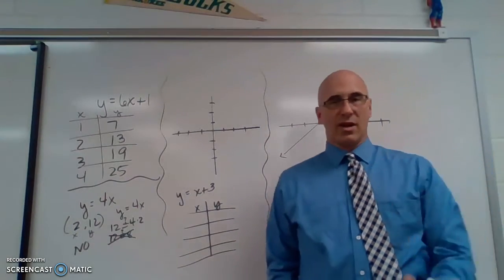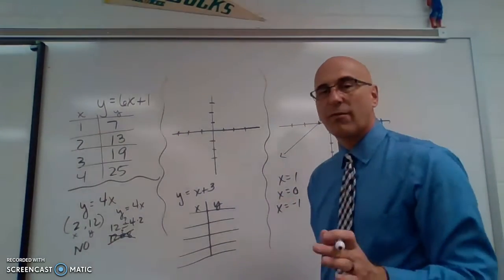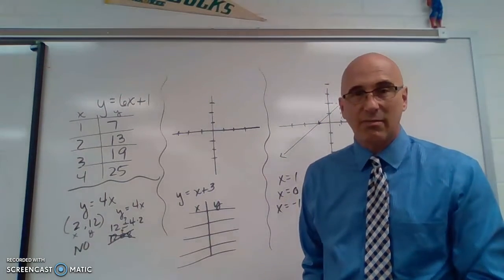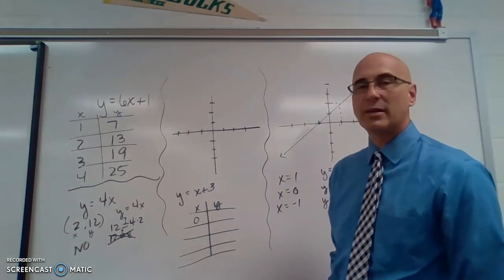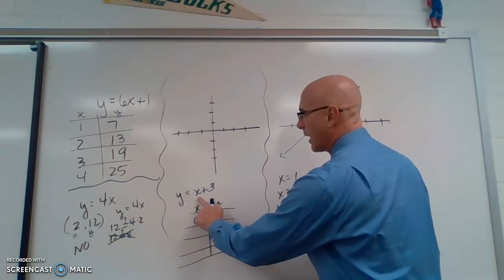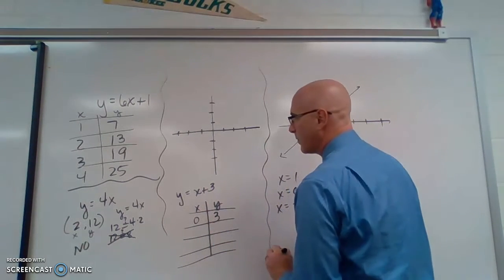That is the way we start out graphing functions. So we want to pick any number for x. That's kind of easy. I like easy numbers. So 0. If we picked 0 for x, 0 plus 3 gives us 3.